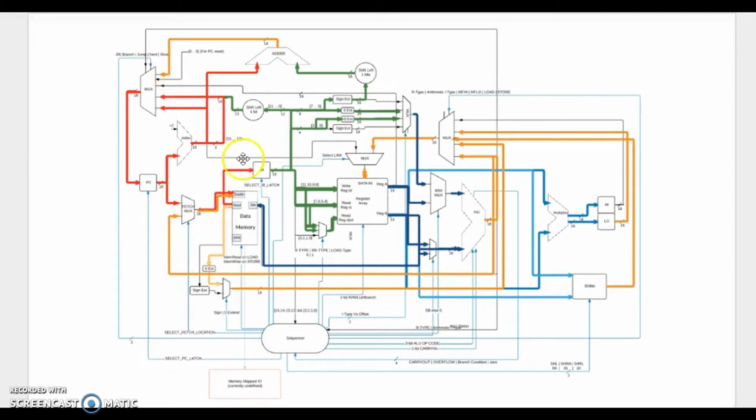So there's this stage where the PC gets incremented, and this stage where IR does a bunch of stuff, and stuff comes out of the registers. There's this stage where the ALU and the multiplier do all their thing, and the final stage where the results get written back and memory is accessed.